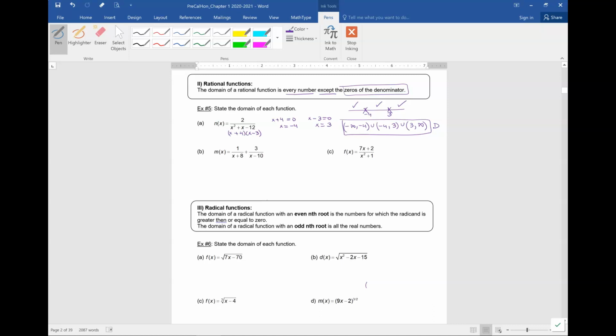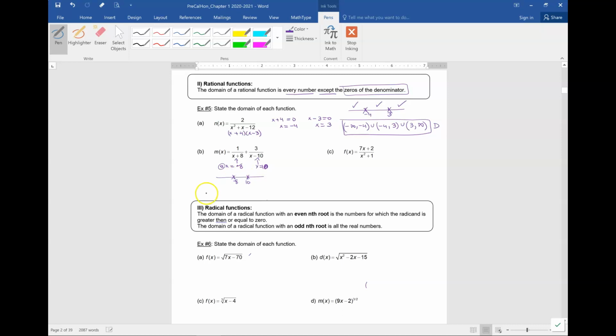Look at this next one. They're already factored out. So, okay, where is this equal to 0? At x equals negative 8. Where is this equal to 0? At x equals positive 10. So, negative 8 and 10 don't work.